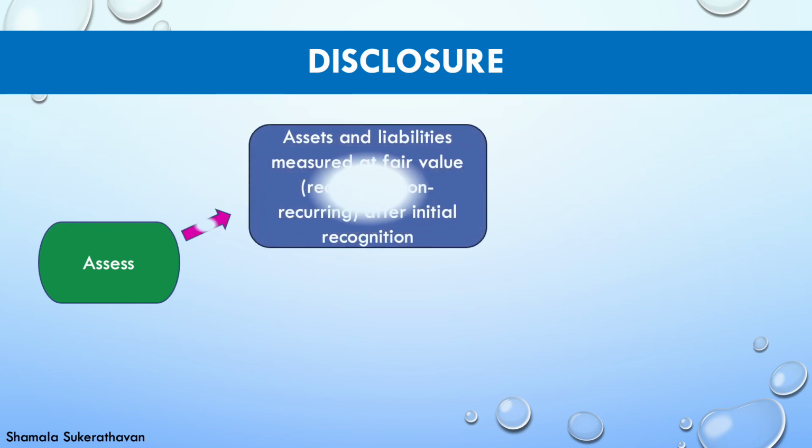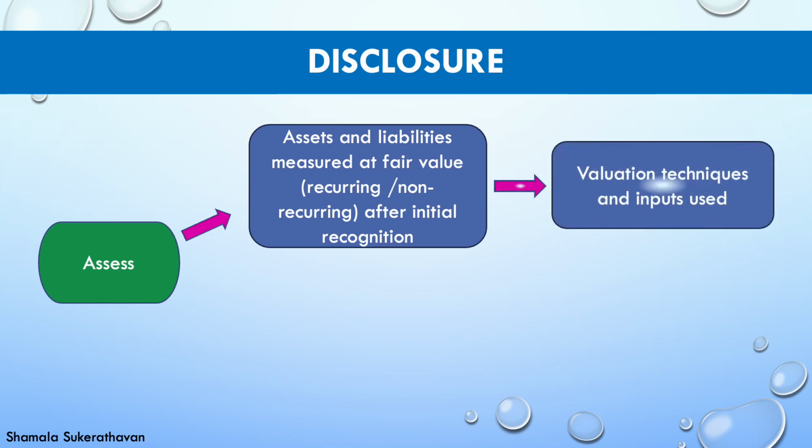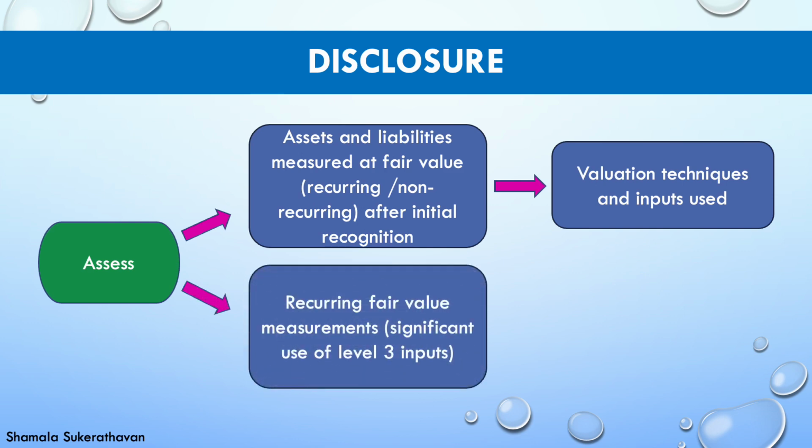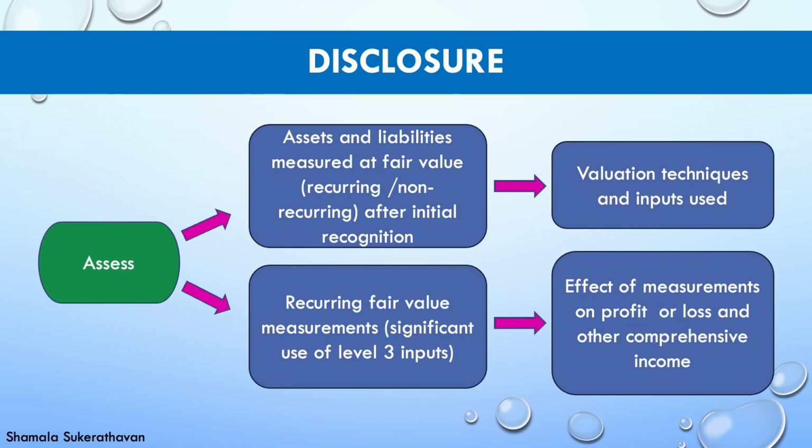For assets and liabilities measured at fair value on a recurring or non-recurring basis in the statement of financial position after initial recognition, the valuation techniques and inputs used to develop those measurements. 2. For recurring fair value measurements using significant unobservable inputs, the effect of the measurements on profit or loss and other comprehensive income for the period.